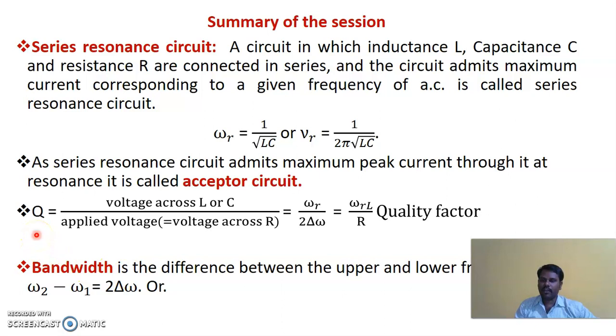The quality factor, the Q factor, is given as omega r divided by 2 delta omega is equal to omega r L over R, and the bandwidth, which is the difference between the upper and lower frequency.